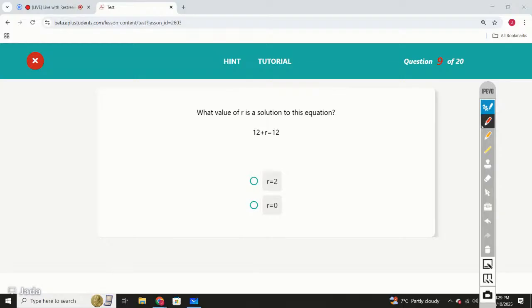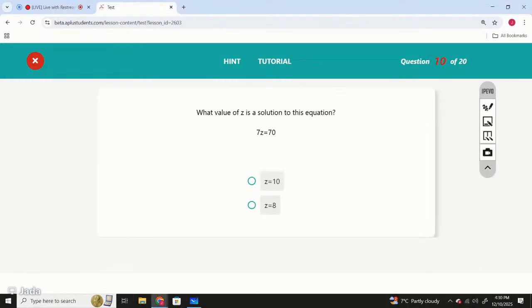Which is the correct option? That is r equals 0, right? Because 12 plus 0 is 12, so r equals 0.